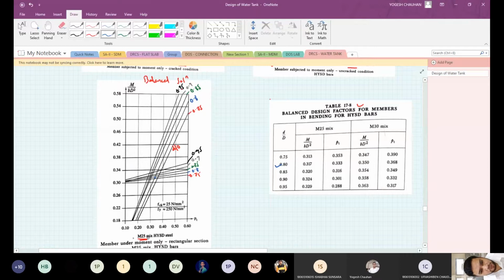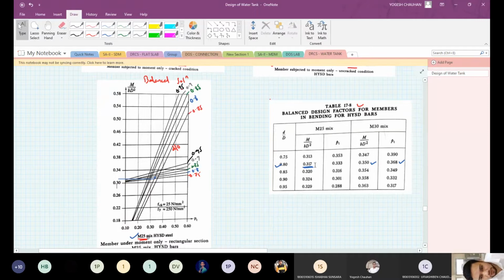Actually this is for the M25 grade we are looking at. In our case it is M30, so it is 0.35 and 0.365. You can compare this value 0.375. If you draw a horizontal line from here, it will hit the y-axis around 0.317, around 0.32.